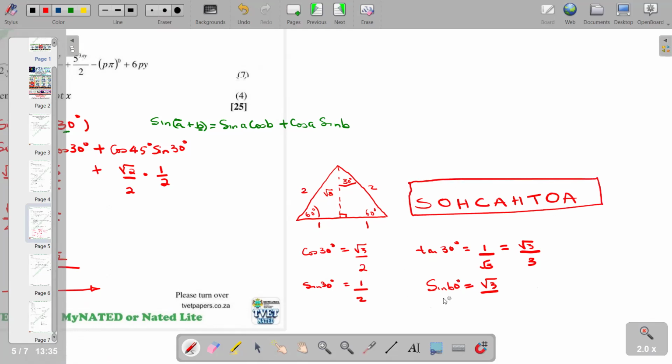So sine 60 is opposite of that over the hypotenuse, which is 2 there. Then we are going to get our answer. So what did you get there? Root 3 over 2.